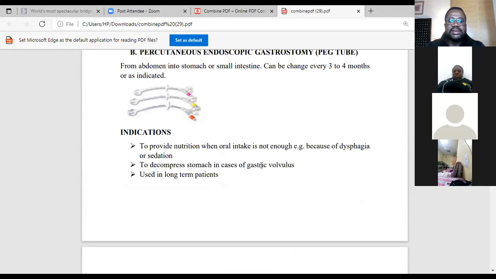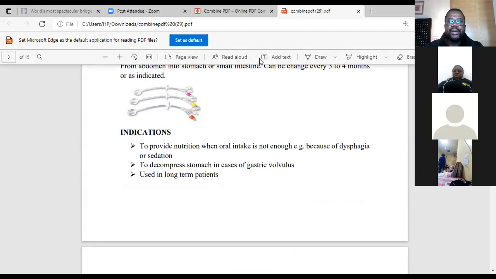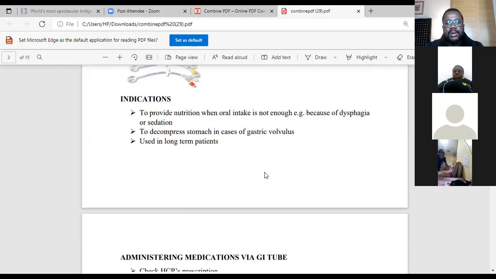Maybe when the oral intake is not enough, like in case of dysphagia, sedation, or after some abdominal surgery procedures, and also to decompress the stomach, and also used for long-term care patients.